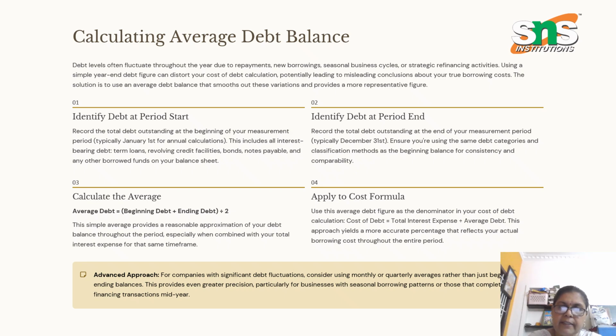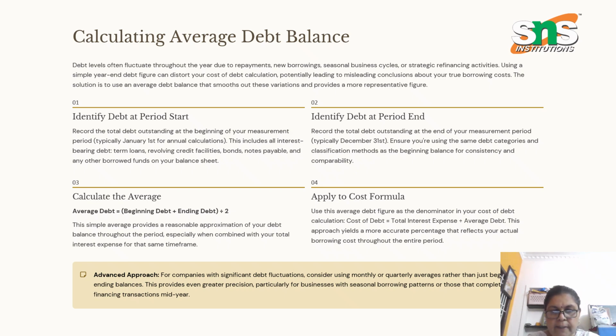Calculating the proper payment of interest is also very important. We are supposed to identify the debt at the earlier point and the end point, and the average rate of interest we are supposed to pay. This is important for applying the cost formula.